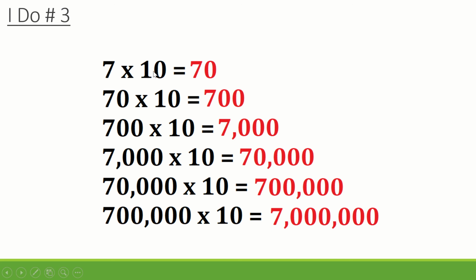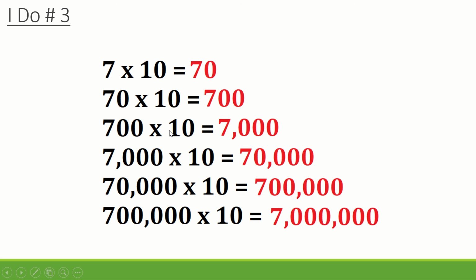And so one thing that I notice, an observation that I make, is that when I look at my factor sets, 7 and 10, for example, if I have 1 zero over here, I should have 1 zero within my product. Here I have 2 zeros, so within my product, 2 zeros.